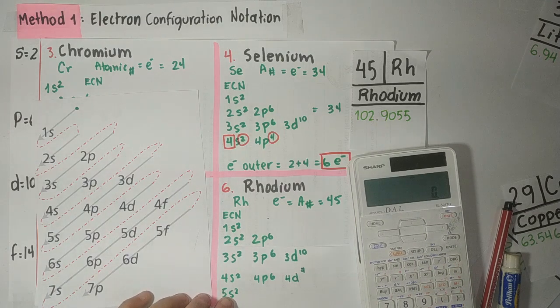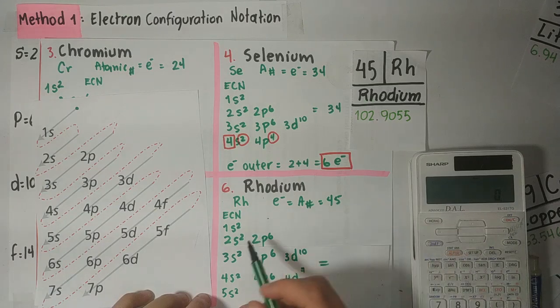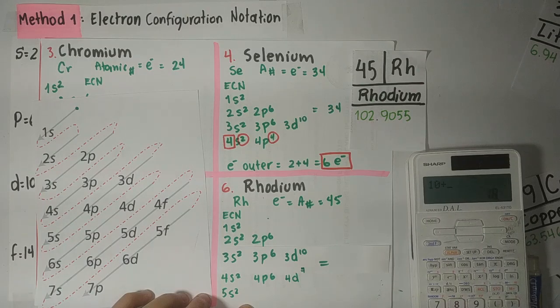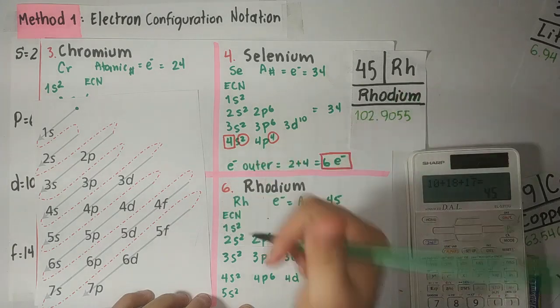And then make sure that you have everything correct. So we make sure that all the additions are going to give you the same 45 that we need. So 2, 2, 2, 2, and 2, it's 10 plus 18 plus 17. Look, 45. So we did it right.